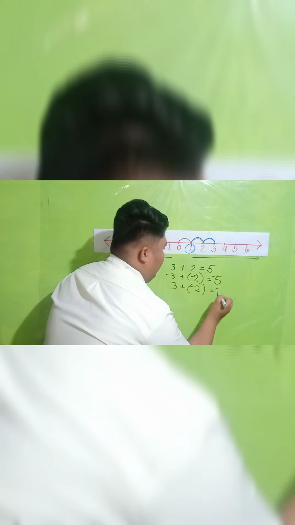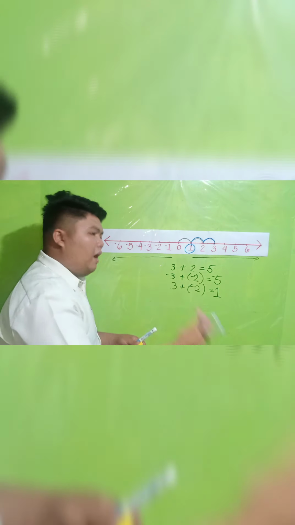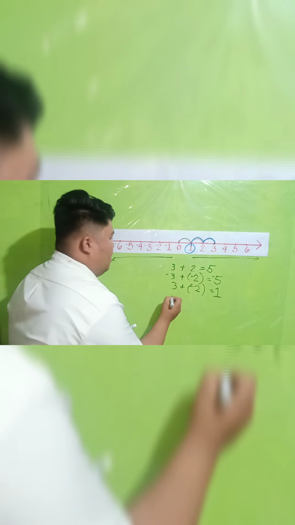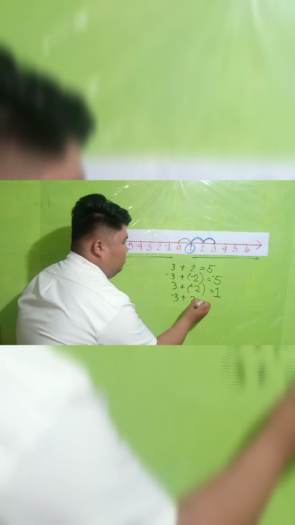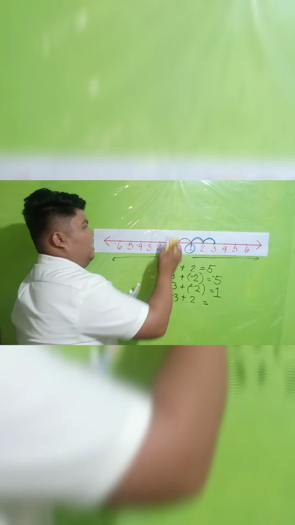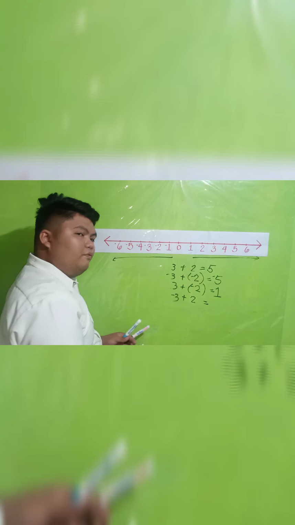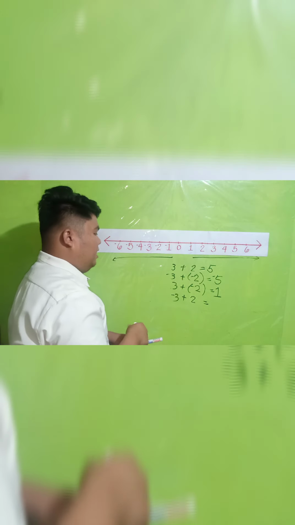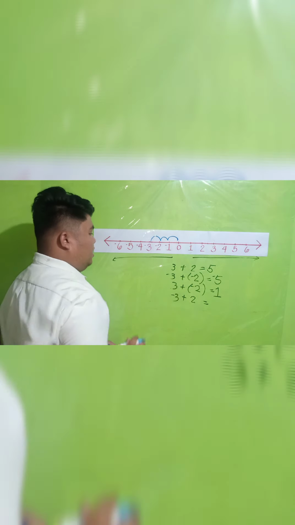Okay. Next. How about if we have negative plus positive? Let's try negative 3 plus positive 2. Okay. So let's try it on the number line. If we have negative 3, move 3 places to the left. 1, 2, 3.